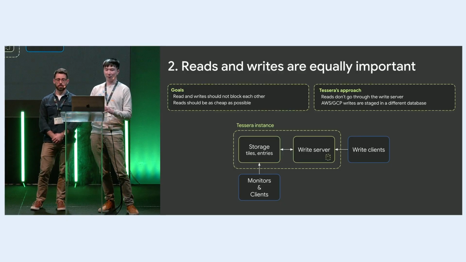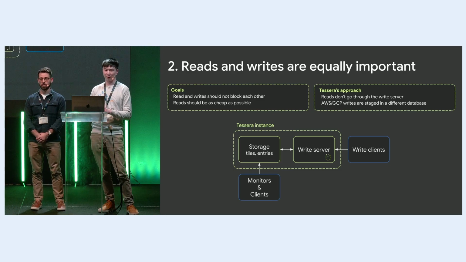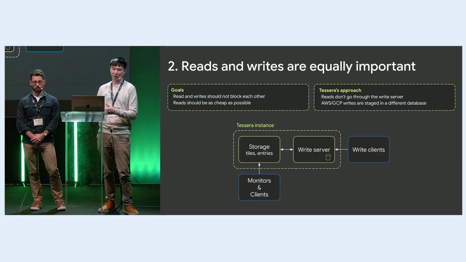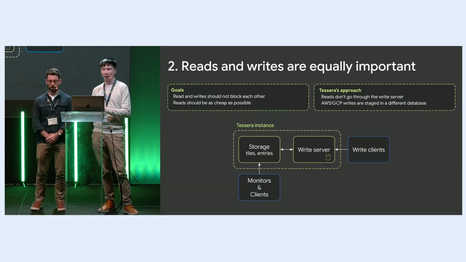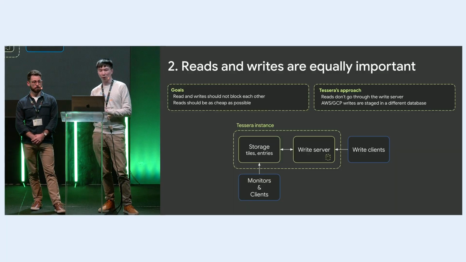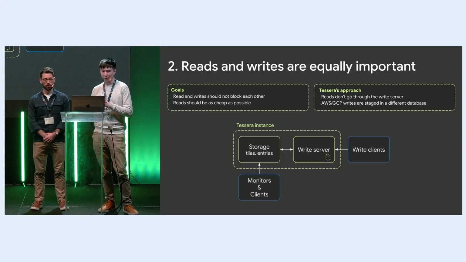For AWS and GCP, the writes are staged in a different database, Spanner or Aurora, and then reads go to GCS or S3 directly. You don't even need to run a server yourself. And for POSIX, the Tessera personality can only serve the write traffic if you want. It could be another server serving only the read APIs.